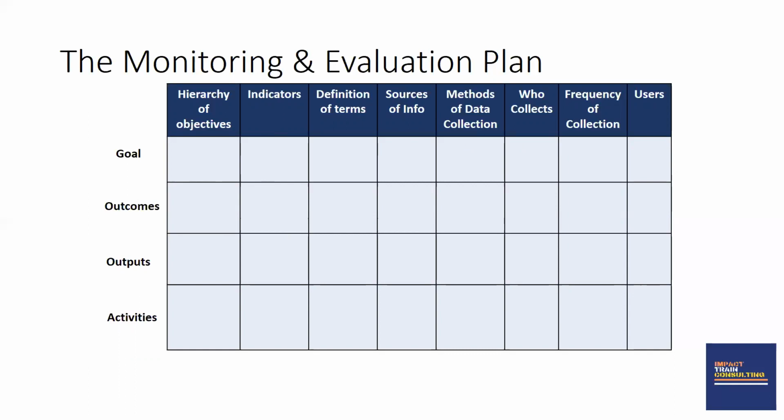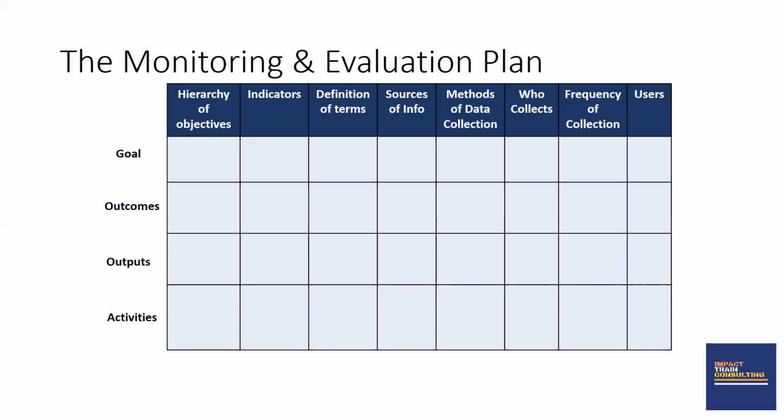In the monitoring and evaluation plan, it is very important for you to pay attention to the definition of terms column, because if the indicators are not properly defined, then the people who are going to be collecting that data are going to make mistakes on it.